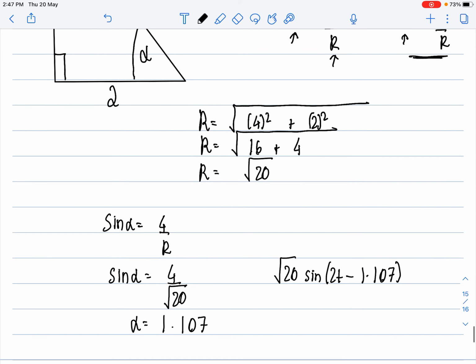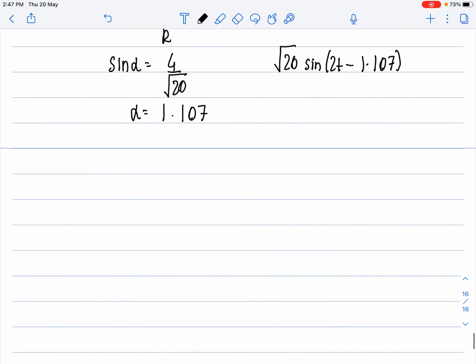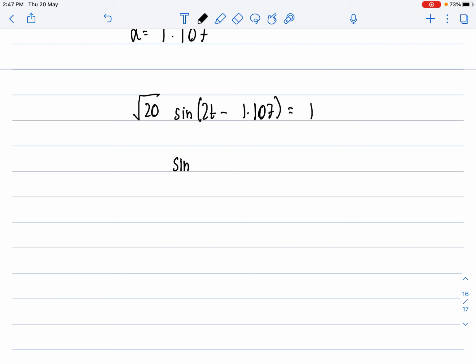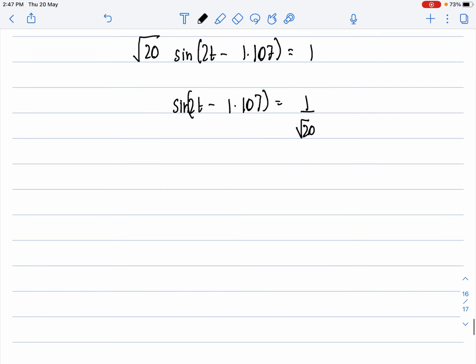So I can simply say that root 20 sine of 2t minus 1.107 is equal to 1. So I can write this as sine of 2t minus 1.107 is equal to 1 over root 20. I need to make sure I'm in radian mode, and I can do the sine inverse of 1 over root 20.